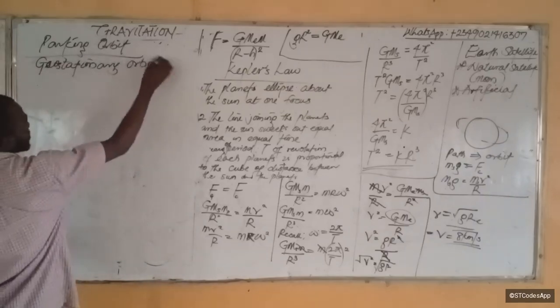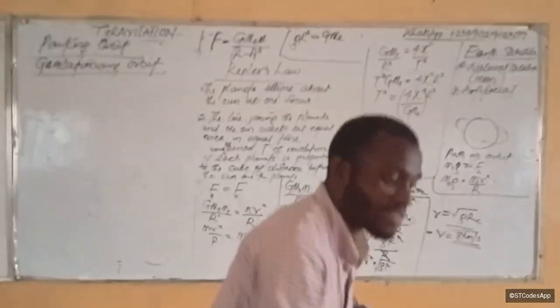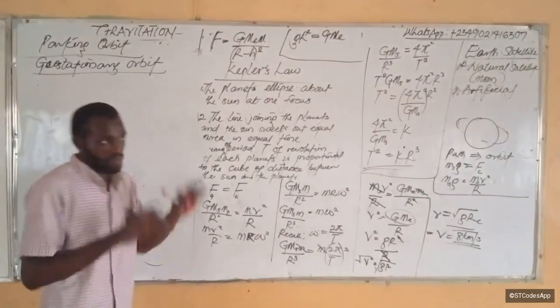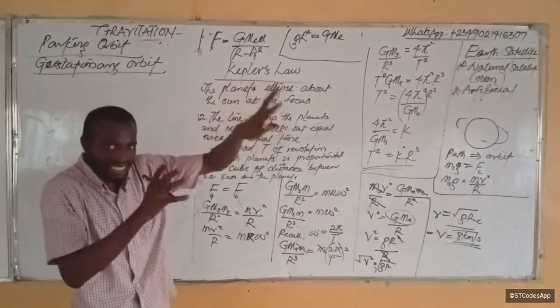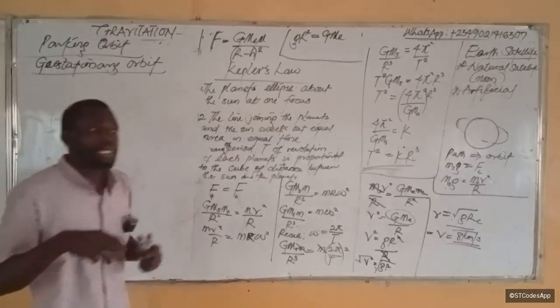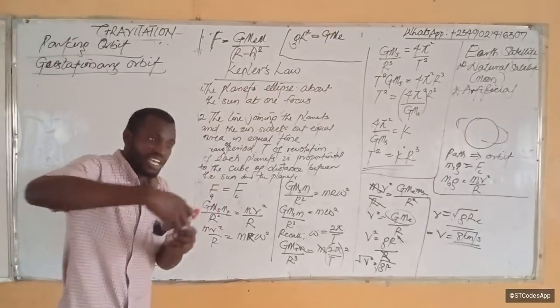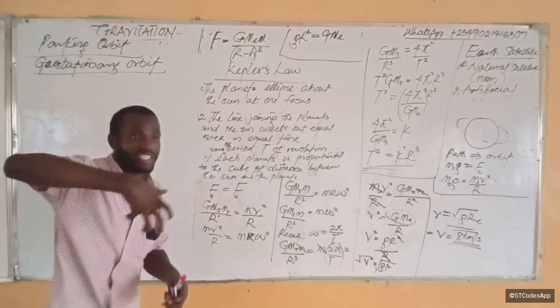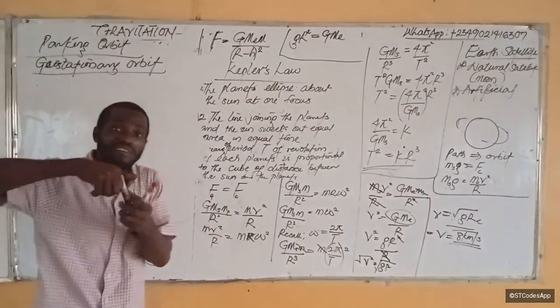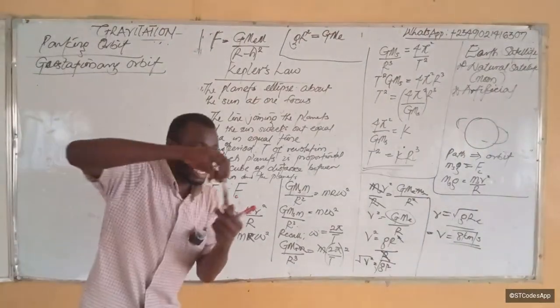Now, why is it called geostationary? The word stationary means that it is as if it's staying, right? Now, if you have ever observed a satellite before, it's as if the satellite is standing still. It is because of this: the satellite is moving at the same speed of rotation of the Earth. Is that okay? So it will have the same period around the Earth.